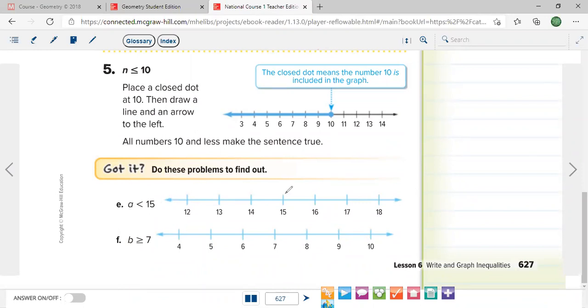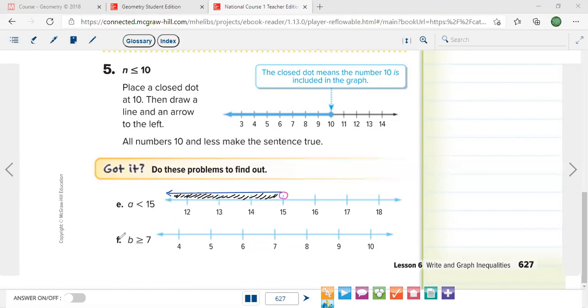So we go for 15 and we make an open circle, and we need to go to the left because this is smaller than. Going to the left, making an arrow and shading all the numbers to the left of 15. This is to denote A smaller than 15.